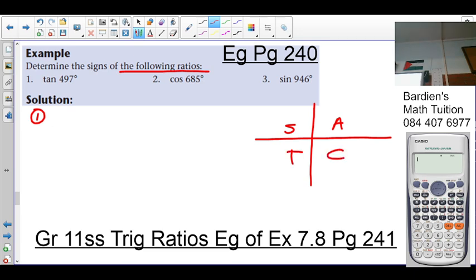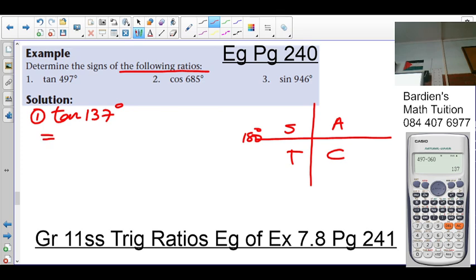Right, so you see 497 is outside the 0 to 360. So what do we do? We subtract 360. So 497 minus 360 is 137. So it's tan of 137.